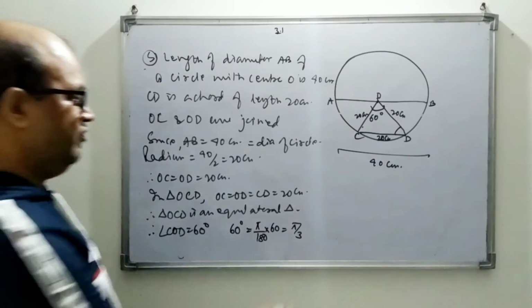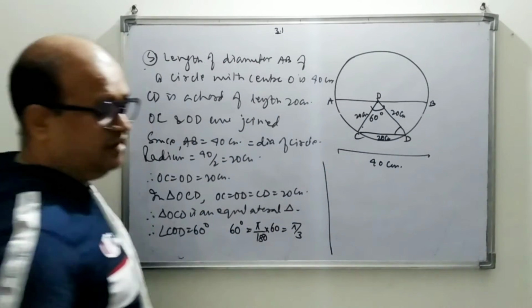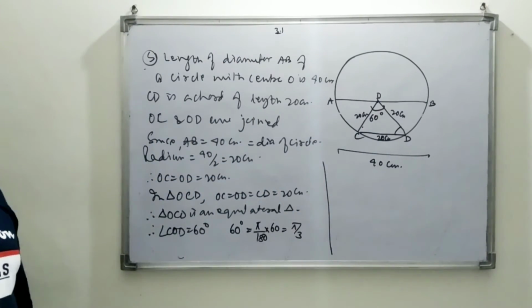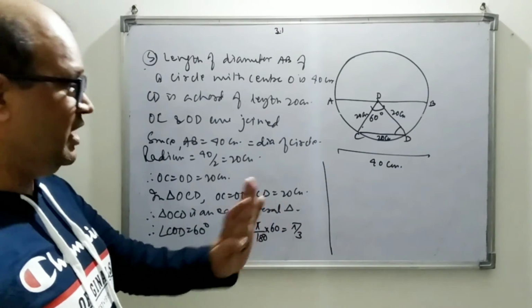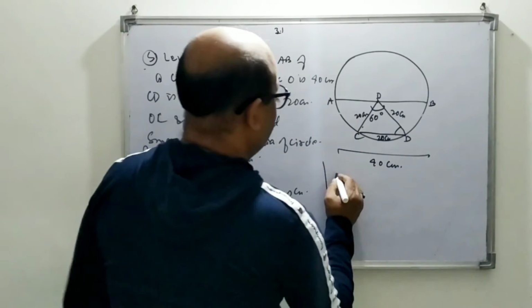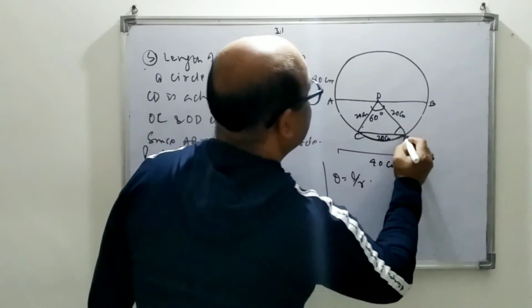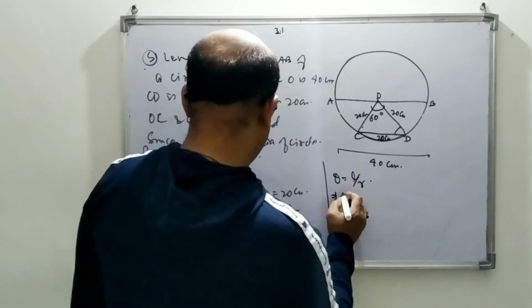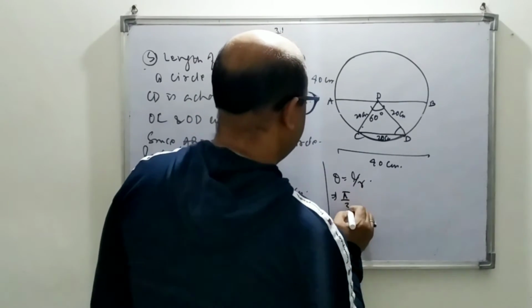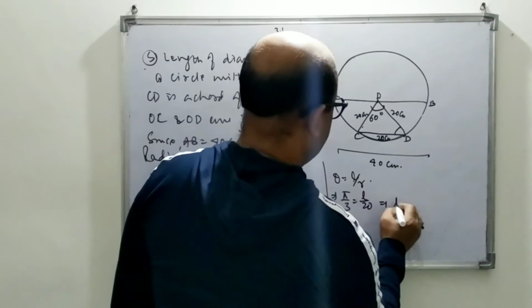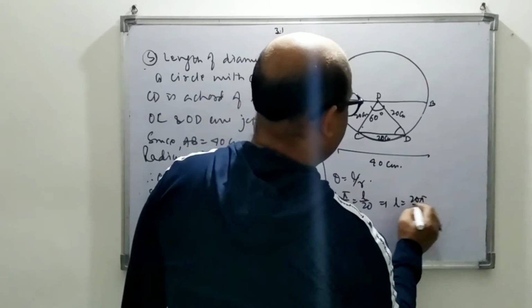Now we know theta equals L by R. This is the length of the chord. Theta is pi by 3, R is 20, so L equals 20 pi by 3.